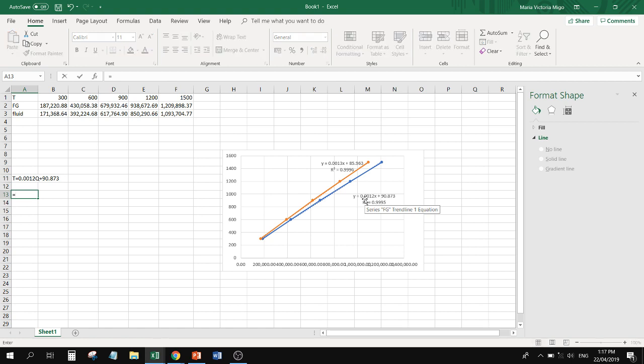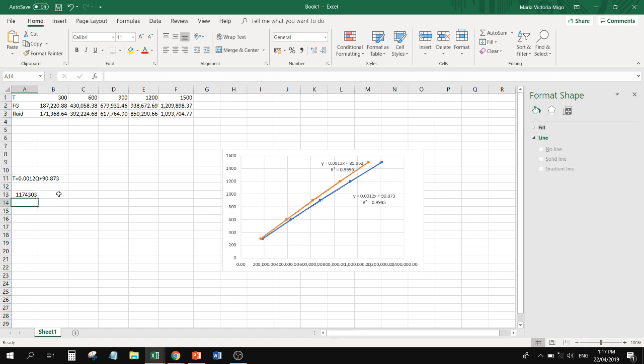So that is 1500 minus 90.873 divided by 0.0012. So this is Q at temperature 1500.